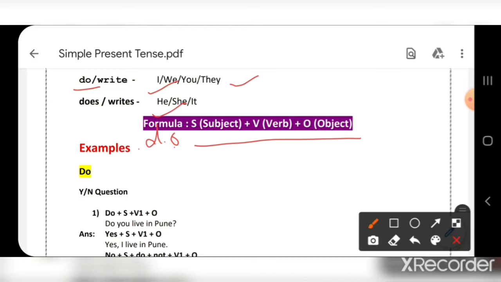As I said, I make videos. I would definitely not ask questions to myself, so I would ask this: do you make videos? That means do is applied because the subject is you. So do, subject is you, action is make, and object is videos.